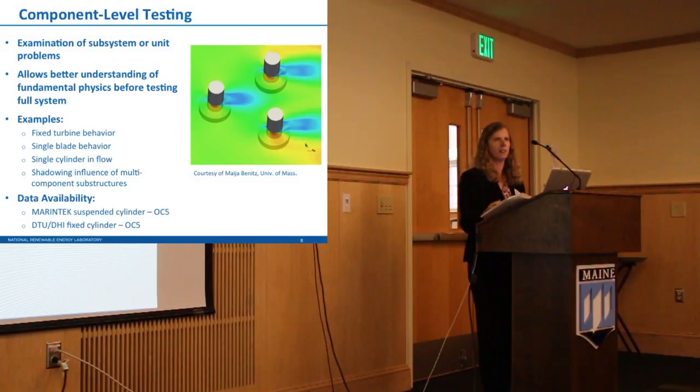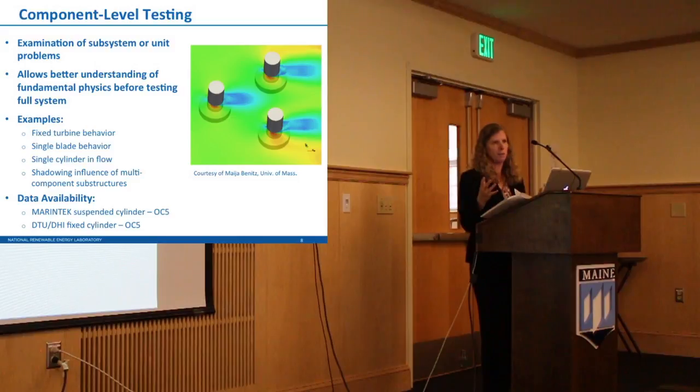The purpose of component level testing is to focus on a certain aspect of the system to better understand its fundamental physics. Examples could be looking at just the behavior of a single blade or a single member in the flow, to better represent the aerodynamics and hydrodynamics on that member before you incorporate it into the full system.